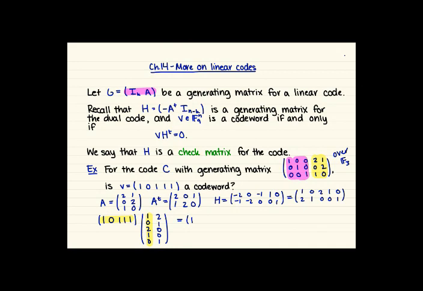We can already see this isn't going to be the 0 vector, so V isn't in there, but we'll finish the computation anyway. We've got 1 times 2, so 2 plus 1, so we do get 0 for the second component, but still that's not equal to the 0 vector. So V is not a code word. This is how we can check if vectors are code words in the original code by using that check matrix, which is also the generating matrix for the dual code.